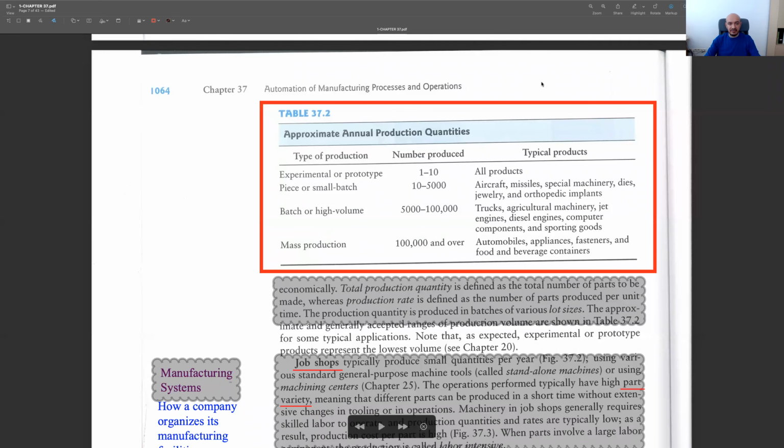Let's have a look at this table. We have three columns: the type of production, the number of parts produced, and what kind of products we can have with these approaches. For instance, if you have experimental or prototype type of production, then the numbers are not high. It's usually around 1 to 10.